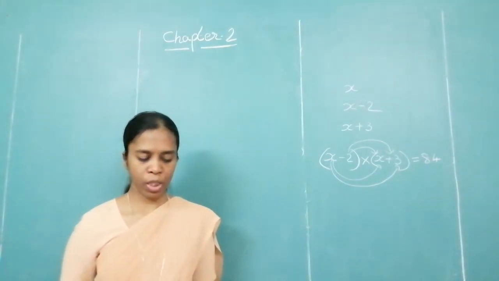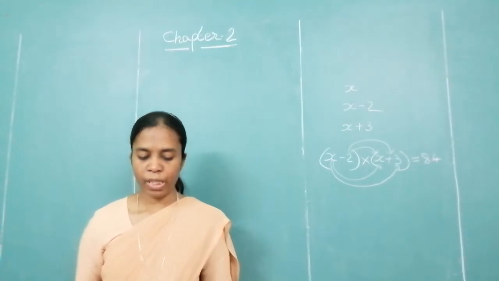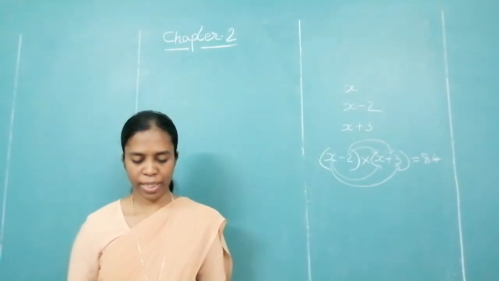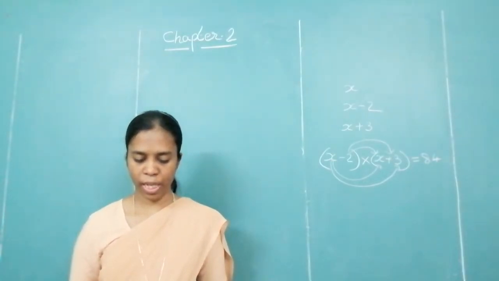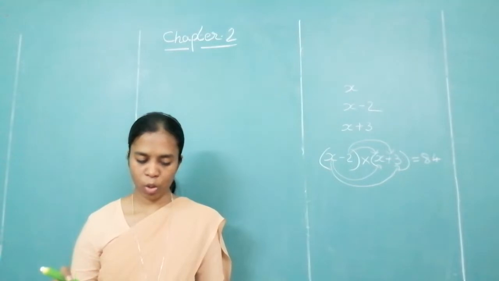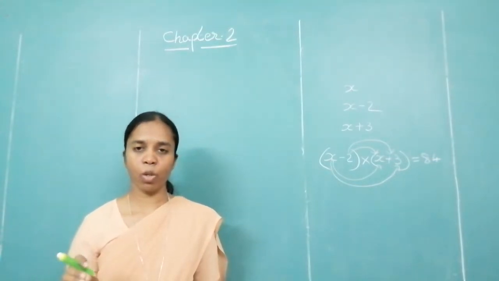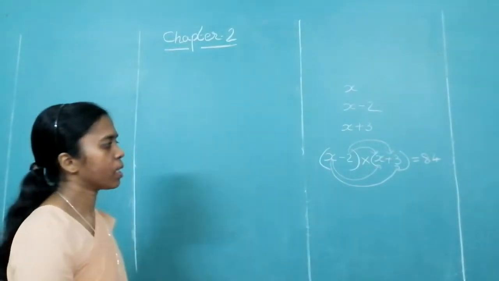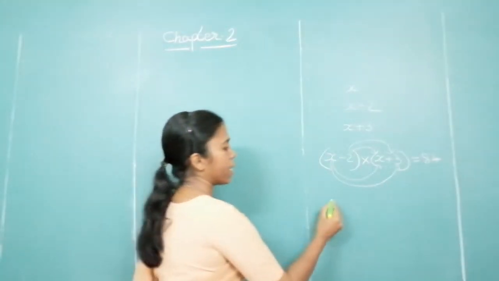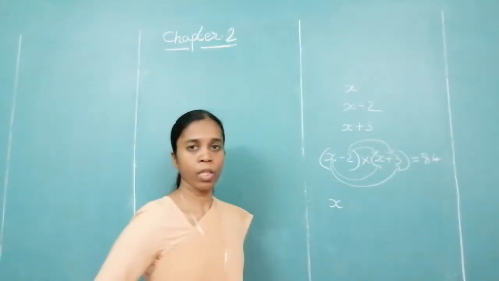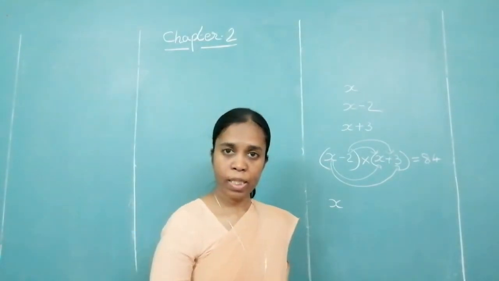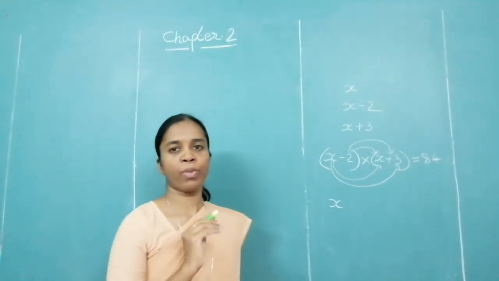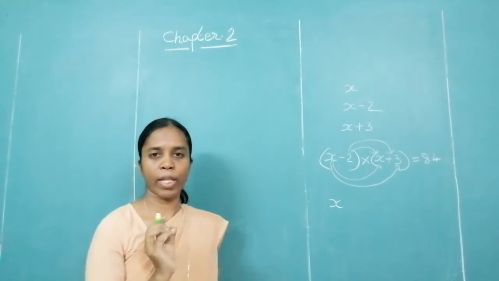Question number 2. The sum of squares of two even consecutive natural numbers is 244. Find the numbers. You have to find the numbers. We shall consider the small number as x. Now which will be the next even consecutive number? We consider 4 as a number.